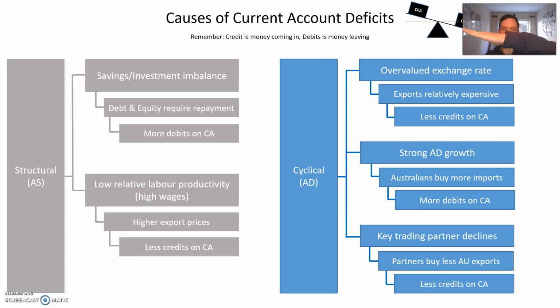Normally those exports that we sell would help bring this seesaw back to balance, but we're not getting that money back in. So we're going further and further into deficit when our overseas trading partners aren't experiencing good rates of economic growth. Because when they're growing, they're buying our stuff, especially things like raw commodities.